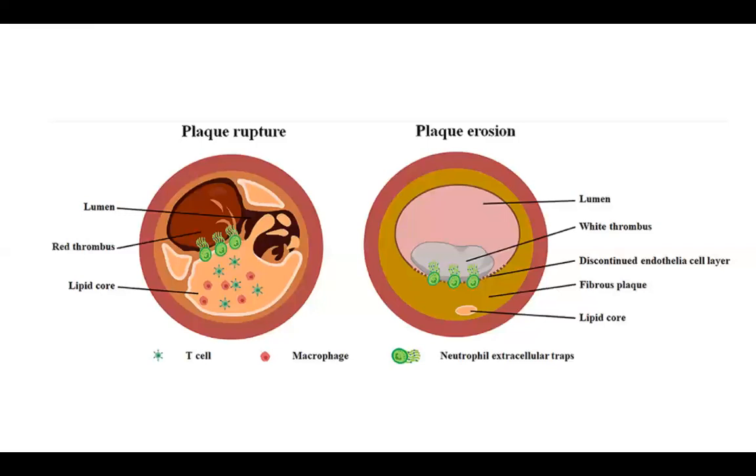And this is a diagrammatic illustration for a plaque rupture and erosion. You can see the intima is continuous, but there are some erosions that led to formation of a thrombus. In this case, you can see that the lumen is not continuous and there is a plaque rupture and a red thrombus inside the lumen.